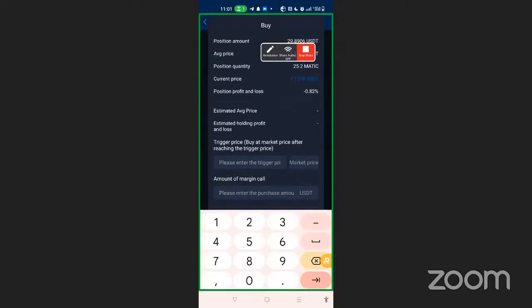I look at the current price, then I say buy when this market gets to 1.17753. Then I put in how much I want my robot to buy with. Then I say put in $200.